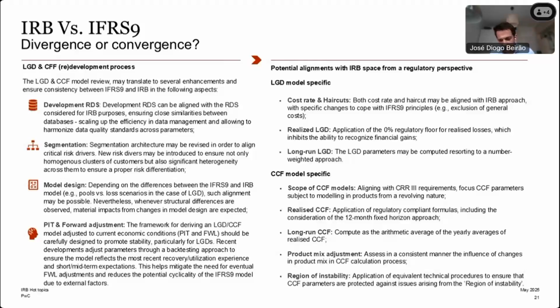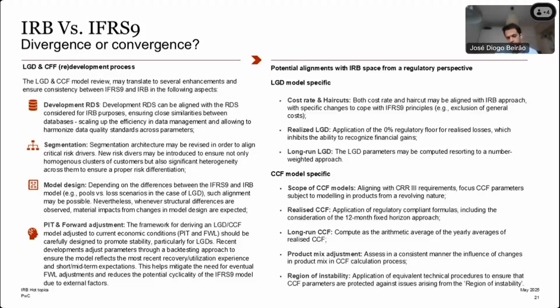For the LGDs and CCFs, it still remains a challenge, and for sure, these are the main axes where we see that convergence may be achieved and can bring robustness to the IFRS 9 model as a whole.